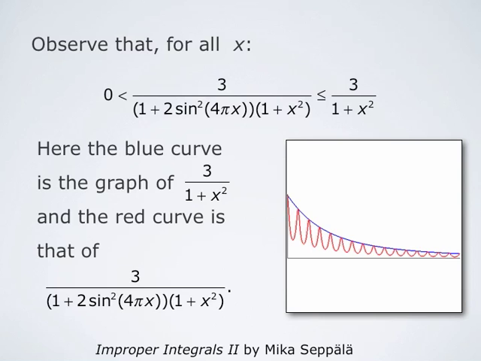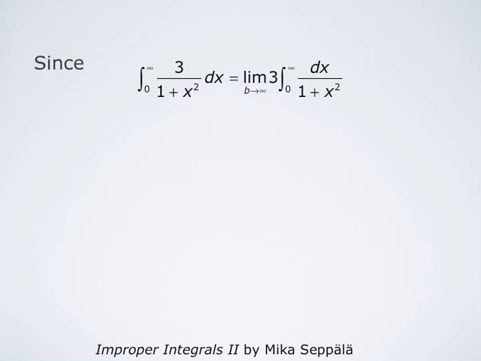And for this function 3 divided by 1 plus x squared, we can actually compute the improper integral directly using basic methods. The integral from 0 to infinity of 3 divided by 1 plus x squared dx is 3 times the integral from 0 to infinity of dx divided by 1 plus x squared.